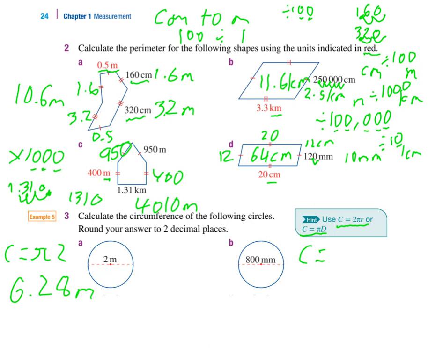The circumference will be pi multiplied by 800. And the answer for that one will end up being 2,513.27 millimeters. A much bigger number because we've got much smaller units, millimeters.